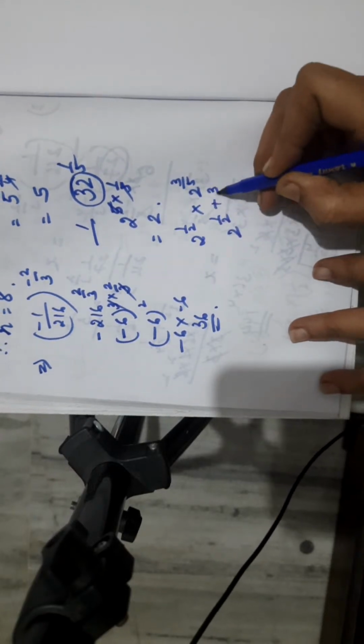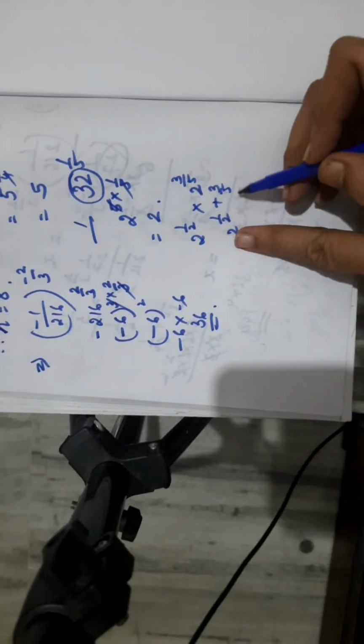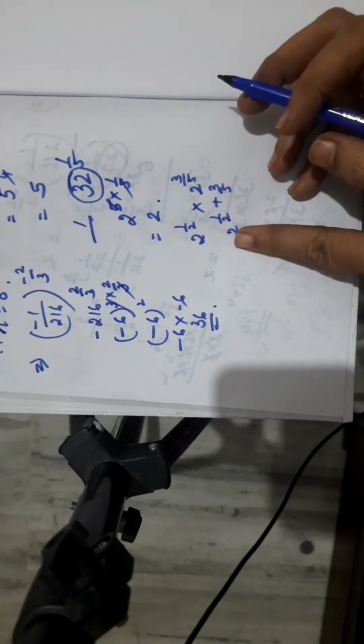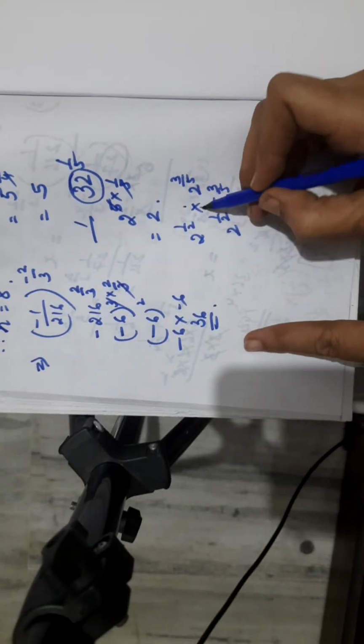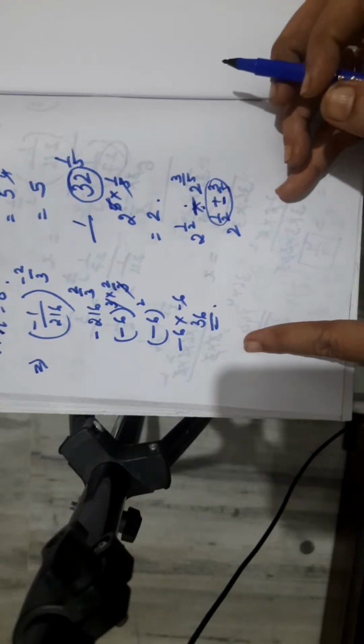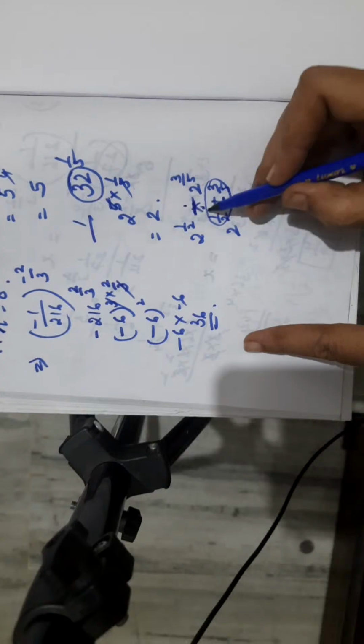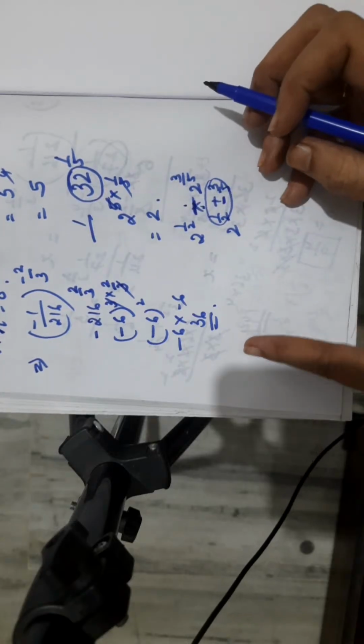1 by 2 plus 3 by 5. Add the power for this case. Simple as you go for the fractions, solve it. If the number is in division, you will be subtracting the power. If the number is in multiplication, we add the power. If the number is in division, we subtract the power.